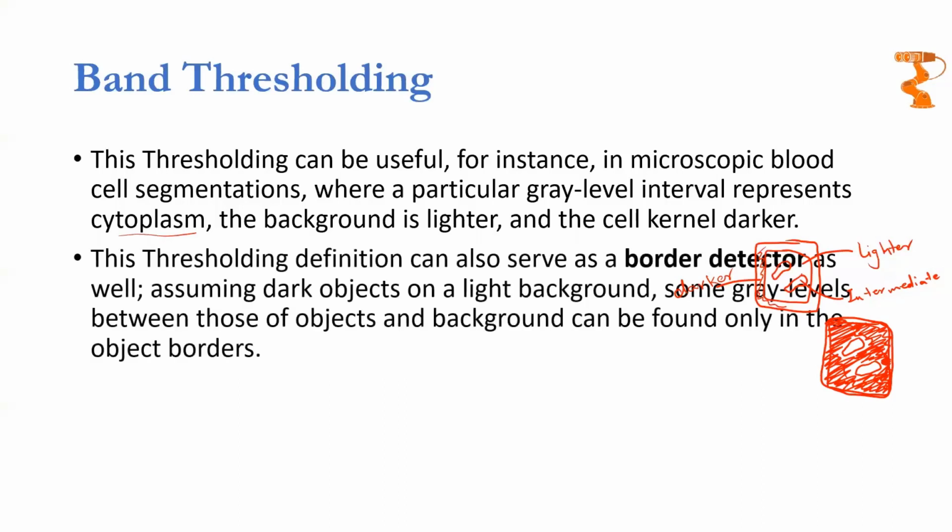Another example is border detection. If you have placed some dark object onto, for example, a light background, then some pixels present in the borders will have values a little less dark than the object and a little darker than the background. So if you can find that interval, you can easily detect the borders.